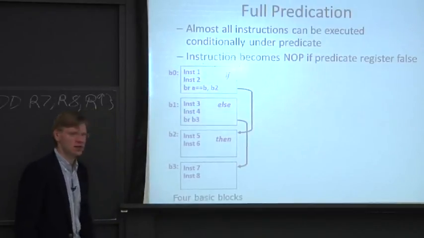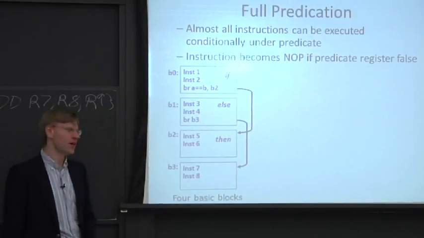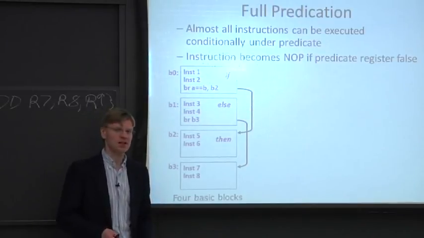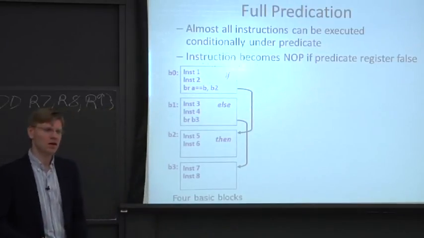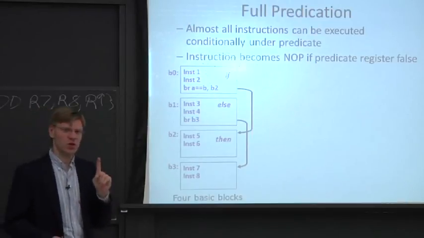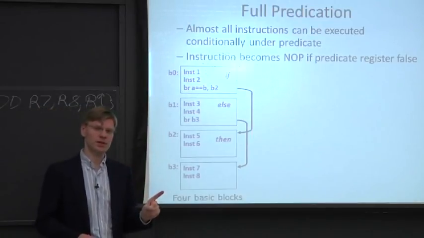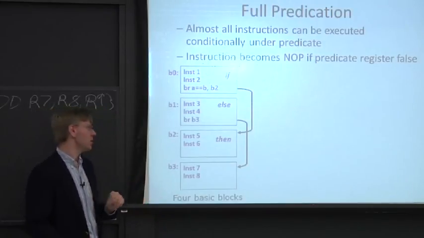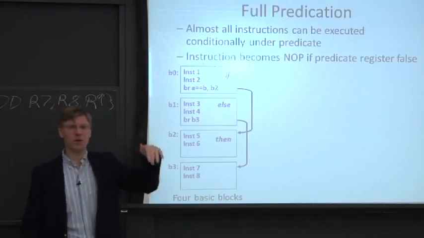4 basic blocks. I don't know if we've introduced this term yet in this class, but I wanted to introduce the term basic block. A basic block is a piece of code which has strictly one entry point and one exit point.